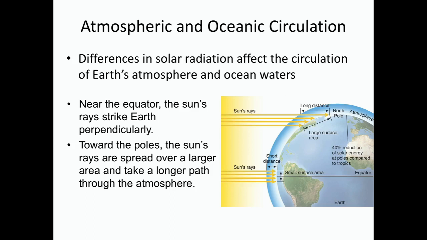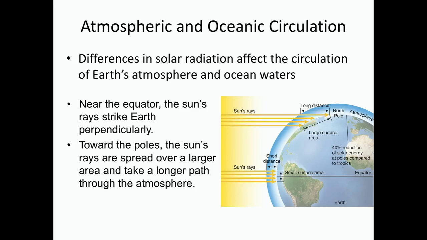First off, one of the major things that determines climate is differences in how solar radiation affects the Earth. So if you look at the Earth, we live on a sphere, and so at the equator, the surface of the Earth is pointed roughly directly at the sun.